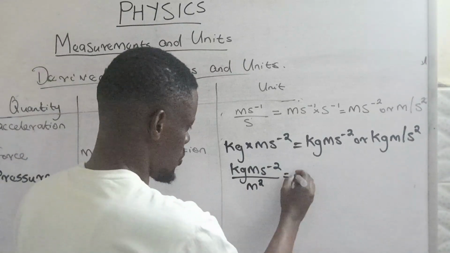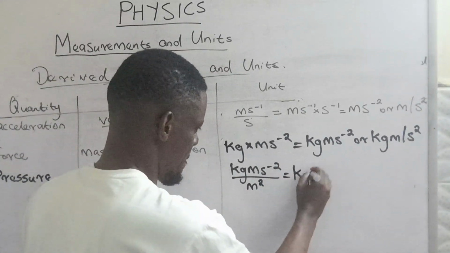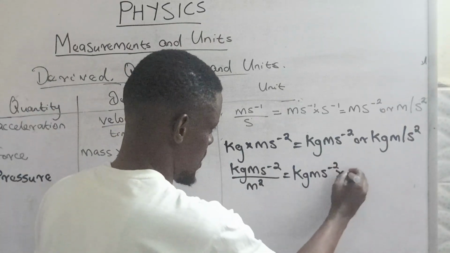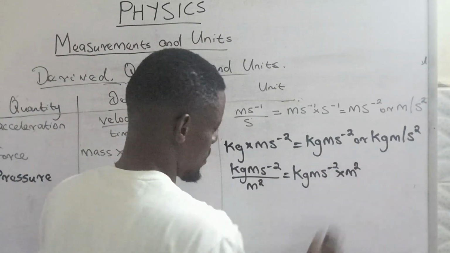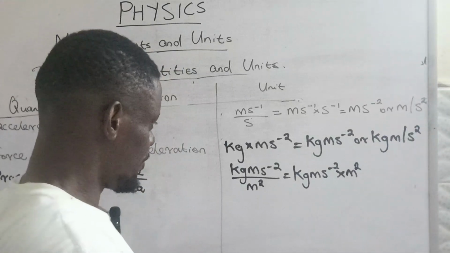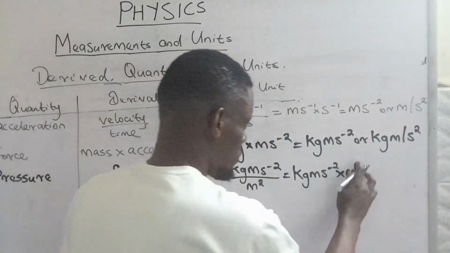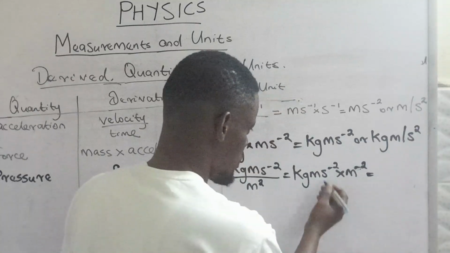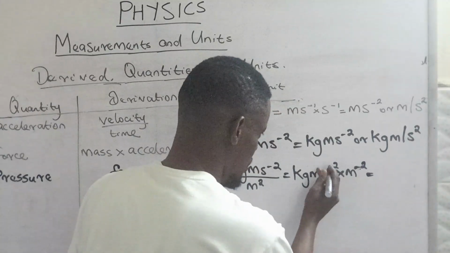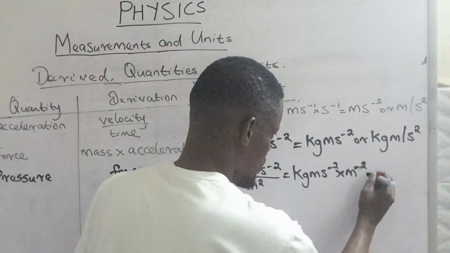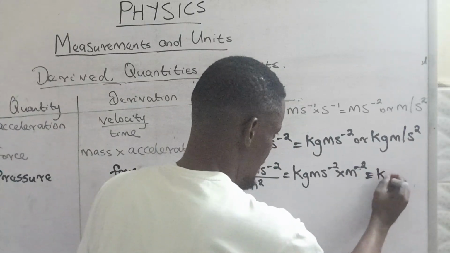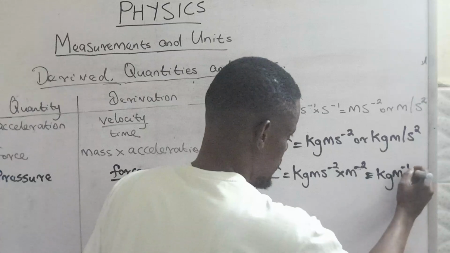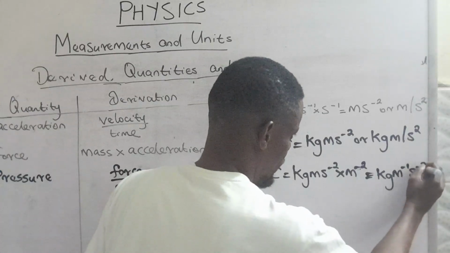So this is equal to kilogram meters per second square times meter to the power minus 2. Since this and this are same, the power here is 1, and 1 minus 2 is minus 1. So we have kilogram per meter per second square.